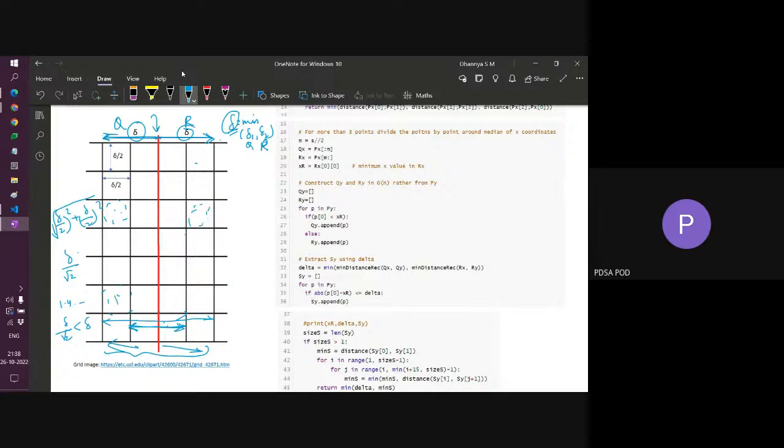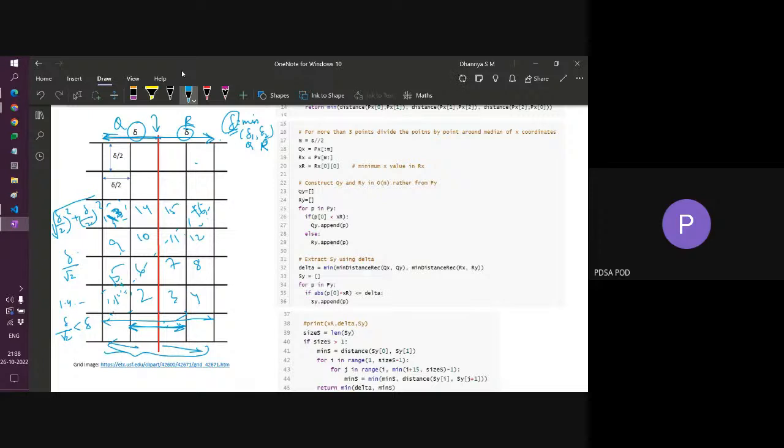So if I number these as 1, 2, 3, 4, 5, 6, 7, 8, 9, 10, 11, 12, 13, 14, 15, 16, right? So why 16? Because this is going beyond this. So 1 to 13 we don't have to consider because we know that it cannot be more than delta. 1 to 13 does not have to be considered only if it is here.